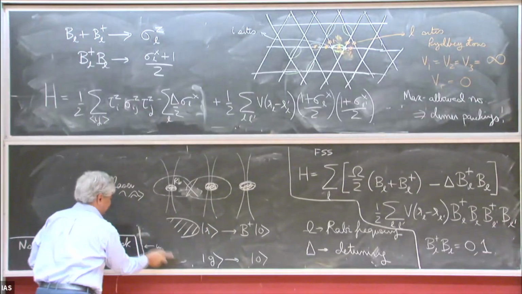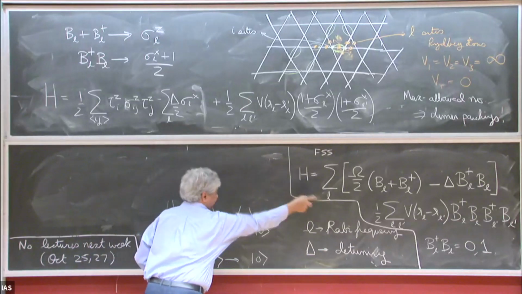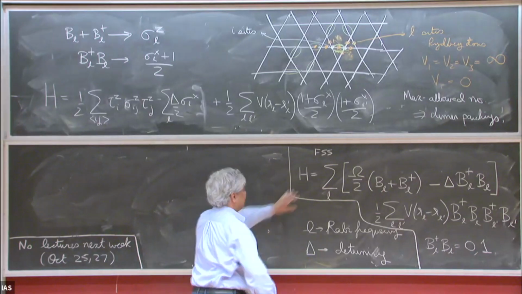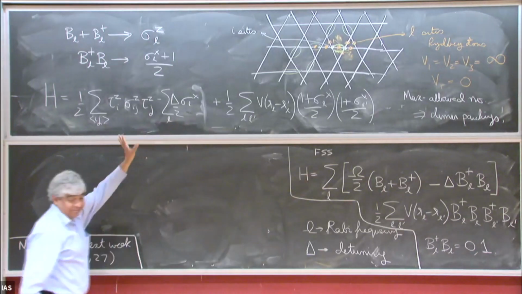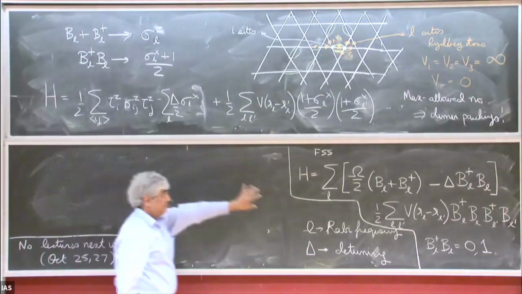Now it's a bona fide Z2 gauge theory, which is exactly equivalent to the original model. So this theory here and this theory there are exactly equivalent. But this theory has a gauge invariance and this doesn't.